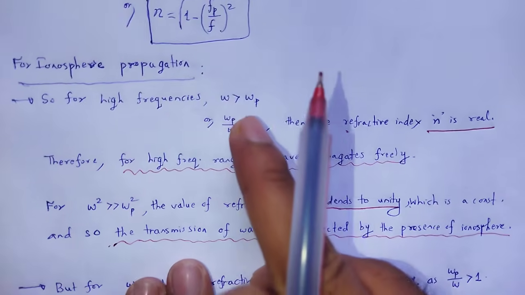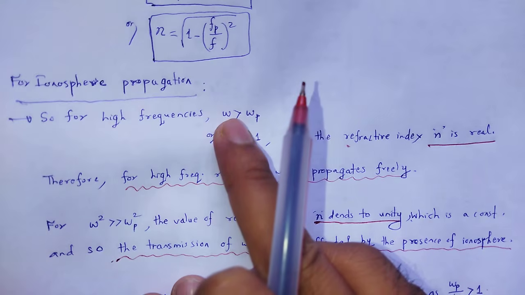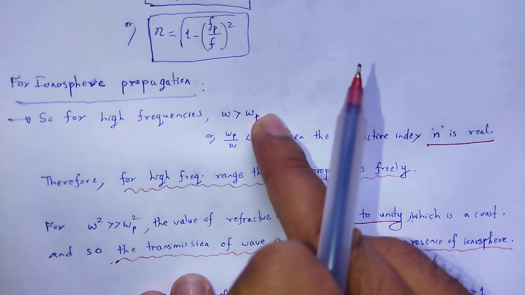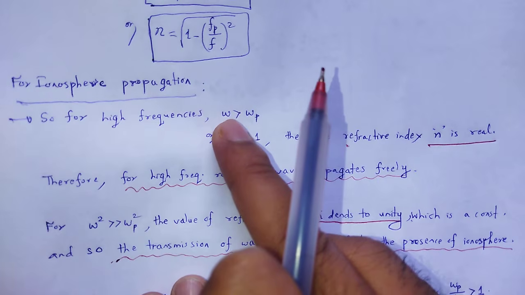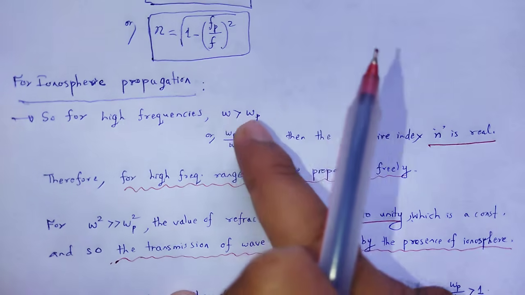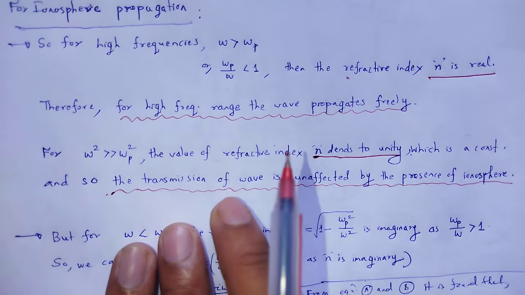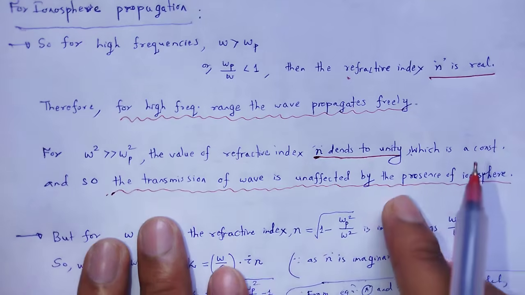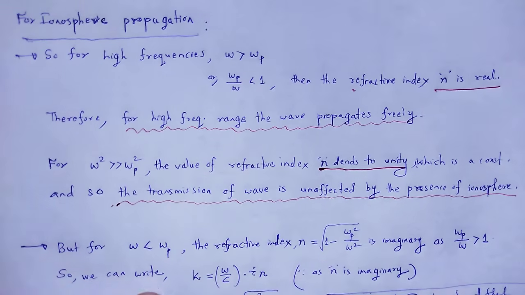Simple concept: when the frequency of the electromagnetic wave is greater than the plasma frequency, then we can say the electromagnetic wave propagation is unaffected by the presence of the ionosphere.